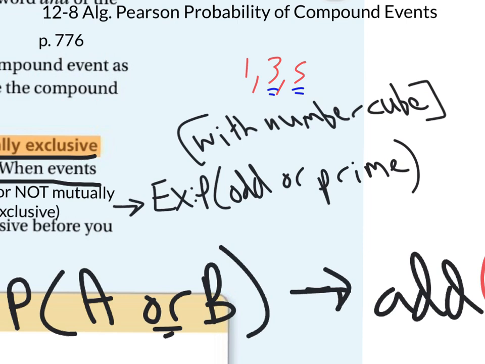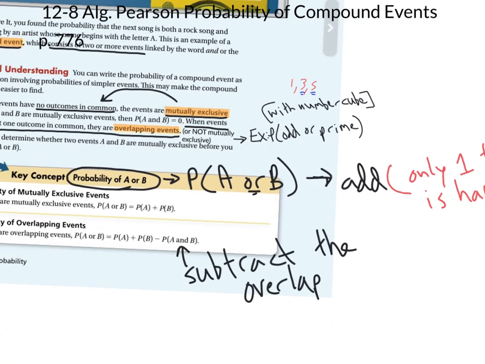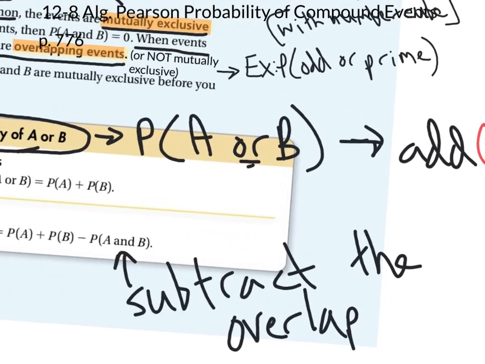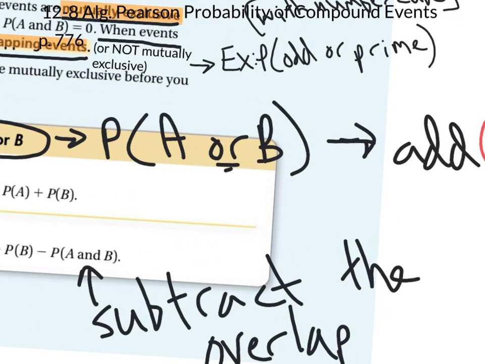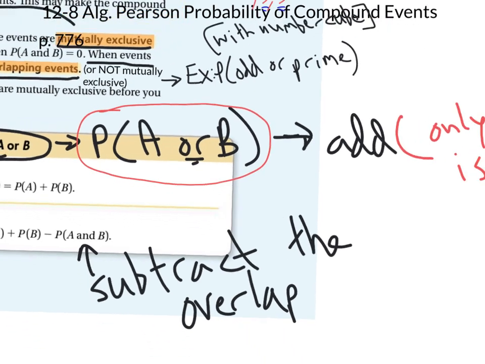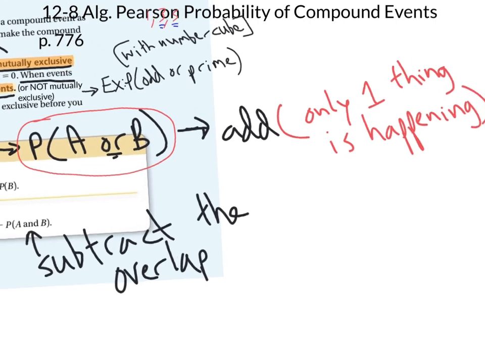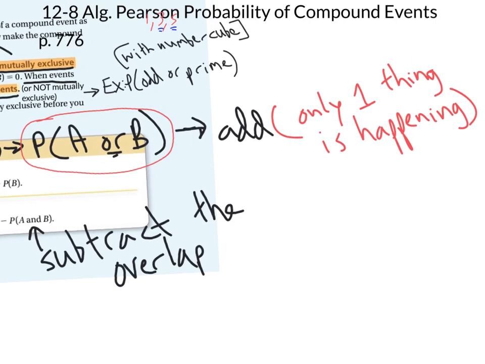So this is what we're going to be looking at when we talk about finding the probability of something or something else. Probability of A or B, and they can list it like this: probability of A or B. What we're going to do for the probability of A or B is we're going to add our probabilities.